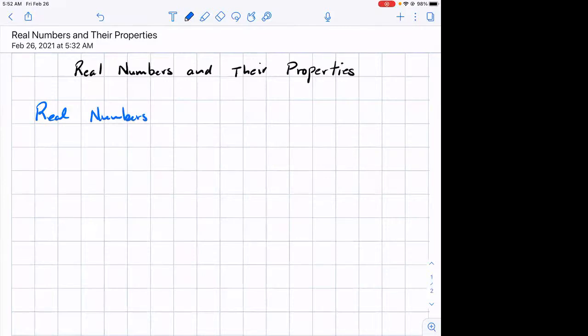So when we speak of real numbers, we're thinking of it as describing quantities, right? And we're looking at quantities, not qualities, in everyday life.